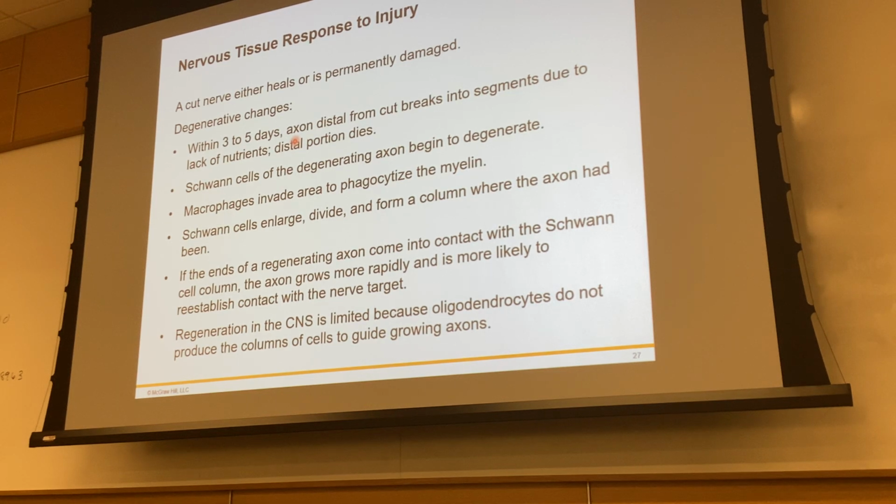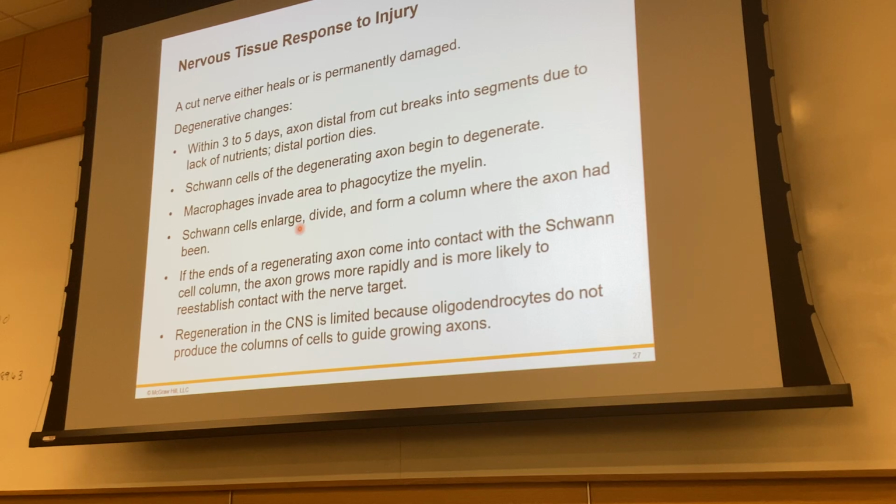The Schwann cells that are near there, remember those Schwann cells are incredibly active, start finding a new pathway for the remaining portion of the axon. Those Schwann cells, with the help of macrophages as part of the immune system, so we're talking about leukocytes here, invade those areas and help break up material that shouldn't be there.